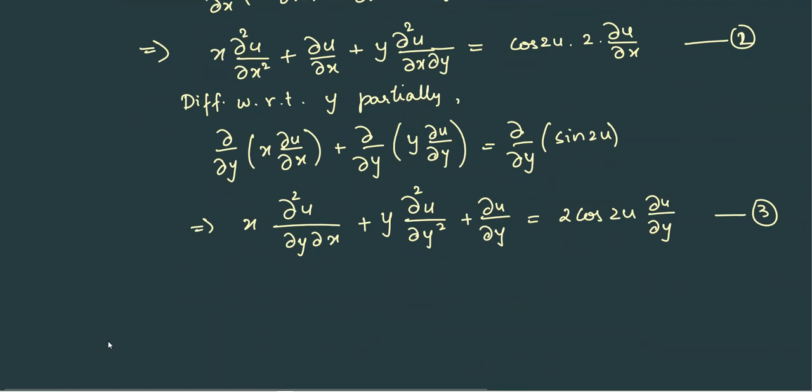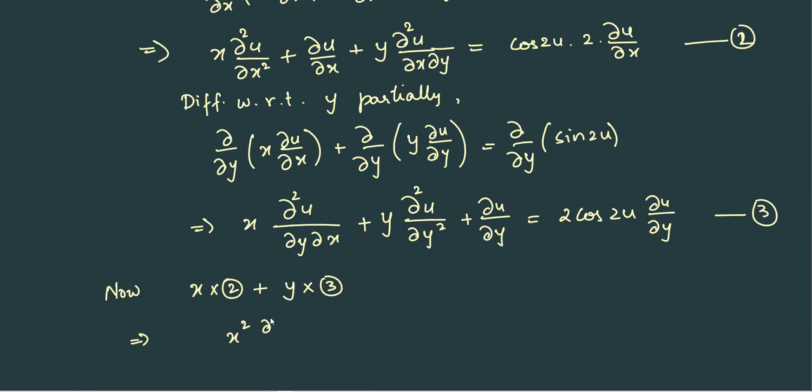So now, x multiplied by equation 2 plus y multiplied by equation 3 and adding them up. When you do this, x multiplied by equation 2 is x².